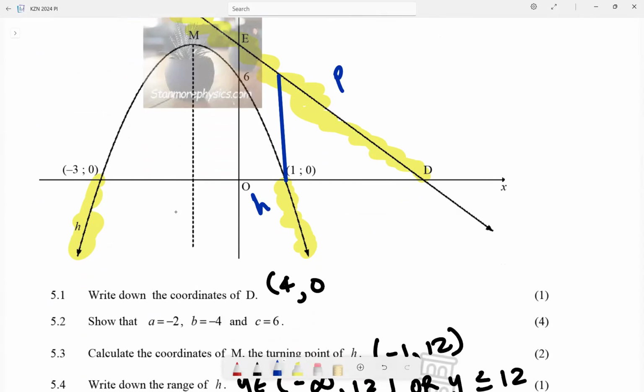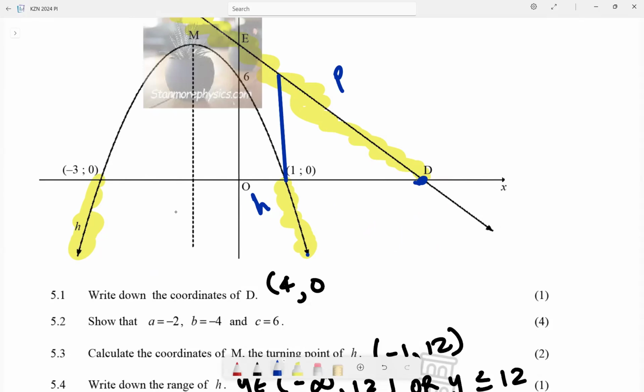But this one goes up to infinity, but this one ends here. Remember, this graph can go on. If we were to redraw it like this, it will stop here. So at D, this one stops being negative, this one goes up to infinity.